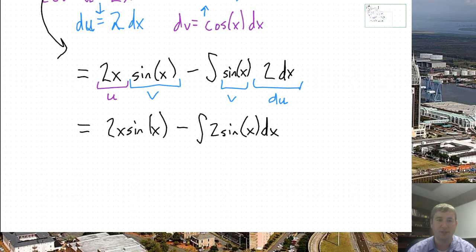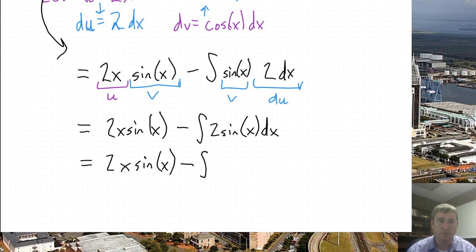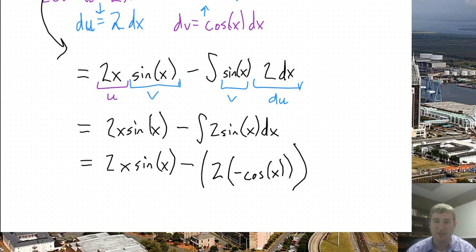And I can integrate that just normally. I can just use the constant multiple rule to get 2x sine of x, stays the same, minus, oh, don't need the integral sign since I'm actually taking the integral now. Bring down the 2, and sine integrates to get negative cosine of x. Notice that I throw extra parentheses around there to be safe because this minus should involve the entire antiderivative.